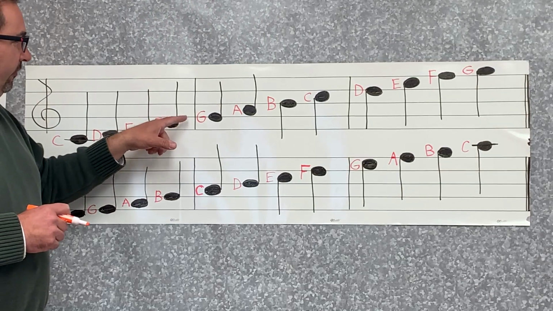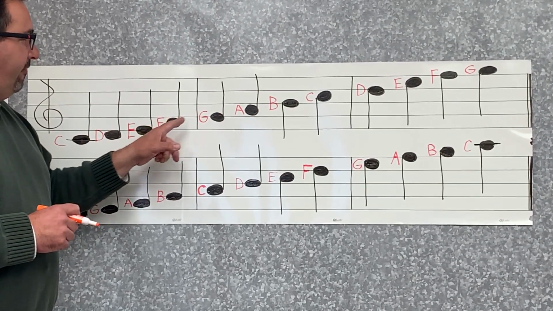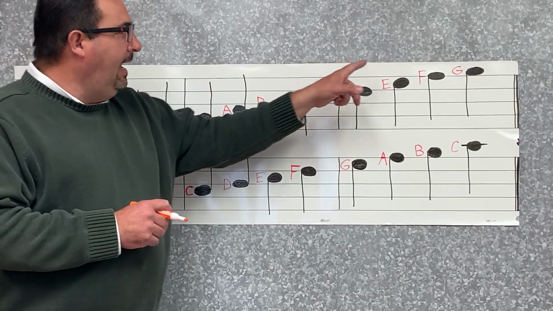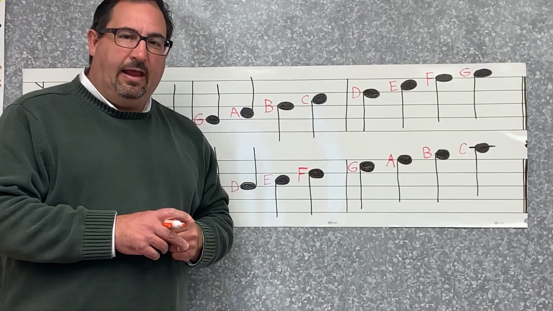So all of the spaces in the treble clef, F, A, C, E, spell the word face.